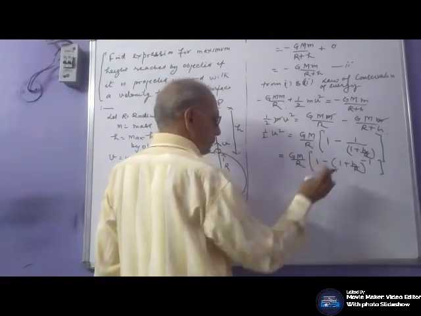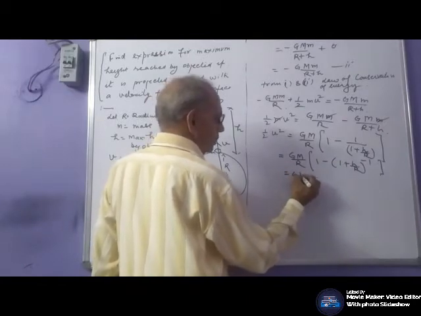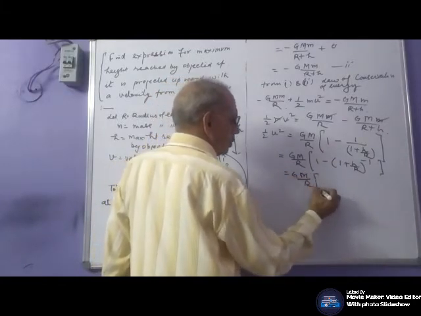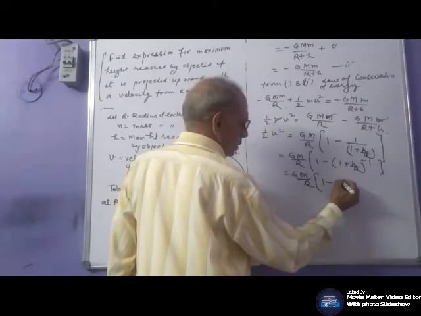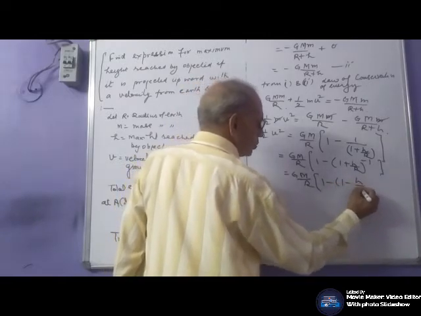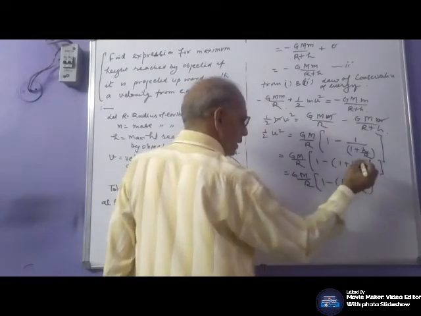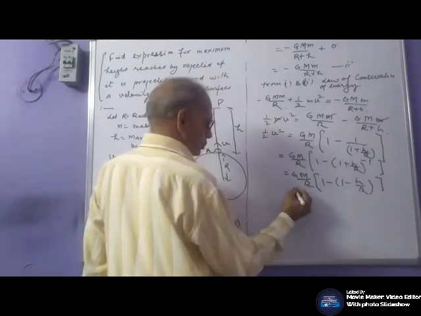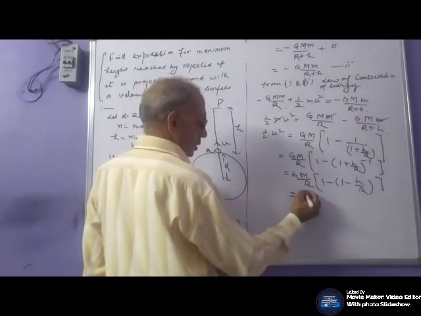If you take here, it is GM by R, 1 minus H by R, using the binomial theorem.